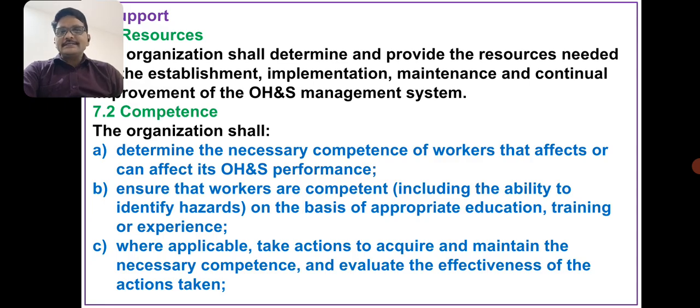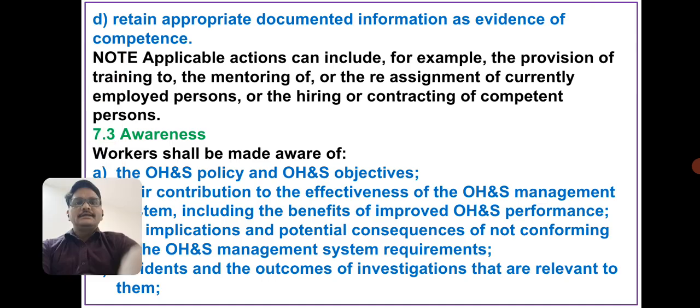For this, the organization shall determine the necessary competence of workers that affect or can affect OHS performance and ensure that workers are competent, including their ability to identify hazards on the basis of appropriate education and training or experience. Next, where applicable, take action to acquire and maintain the necessary competence and evaluate the effectiveness of action taken. Next, retain appropriate documented information as evidence of competence.